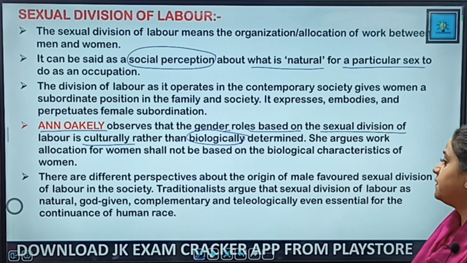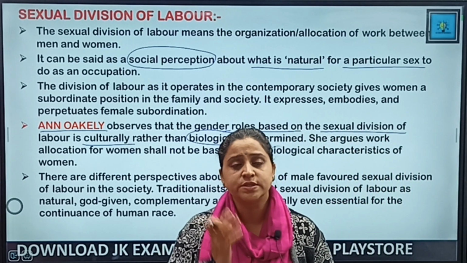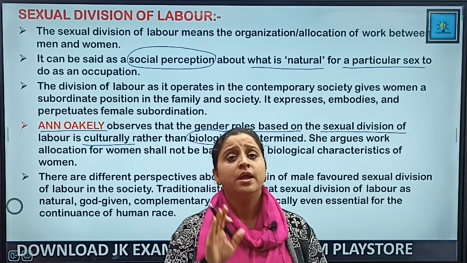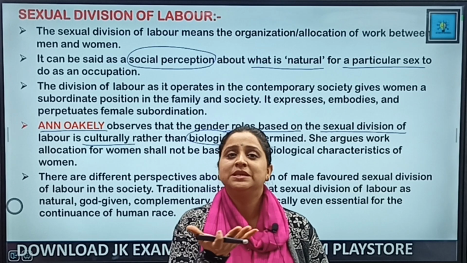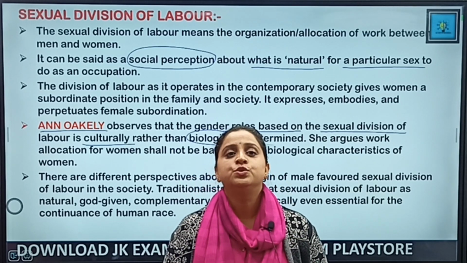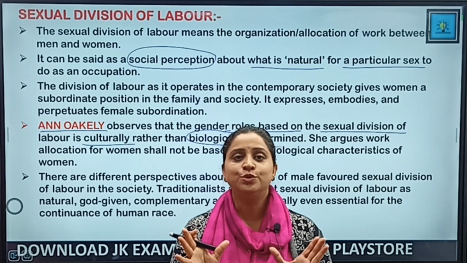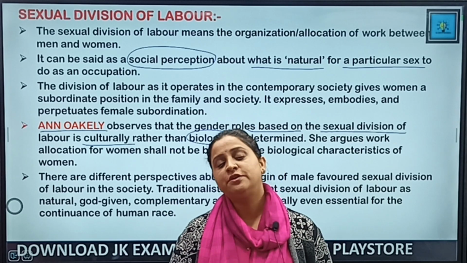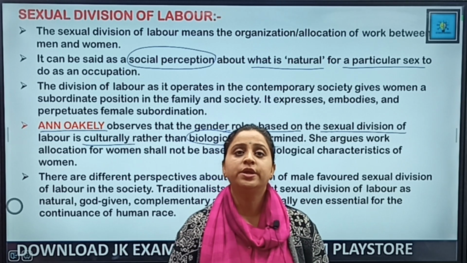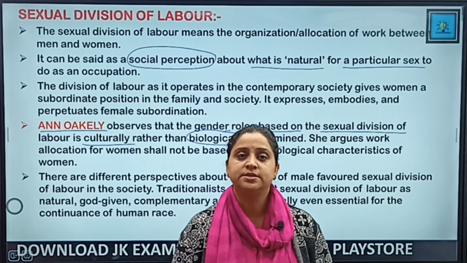There are different perspectives about this. Male favored society has always been there and females have not been allowed to get education and work, and because of this very basic reason, this very division, the feminine issues have occurred, like women do not have income, women do not have access to many basic facilities or human rights such as good health, good education, good income, or they do not have many rights.